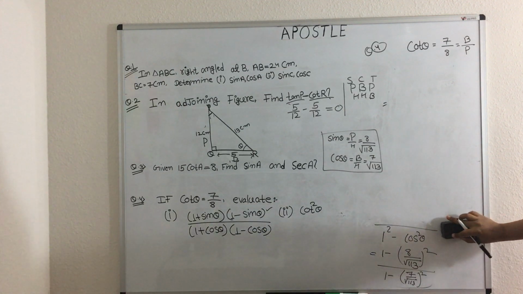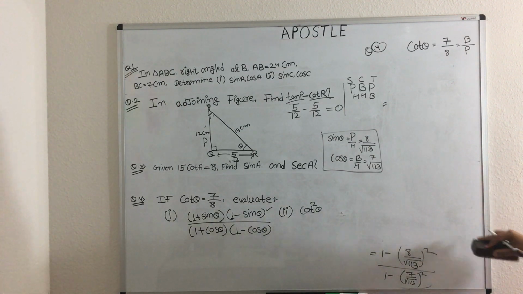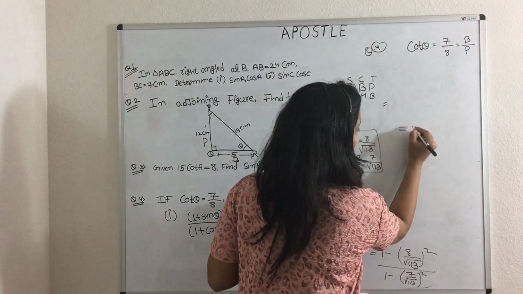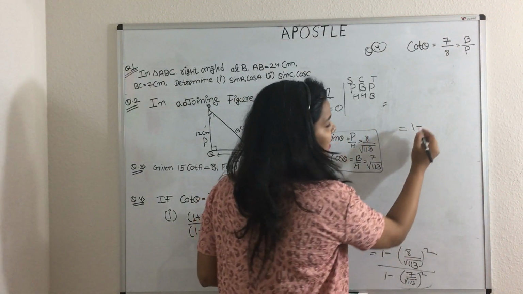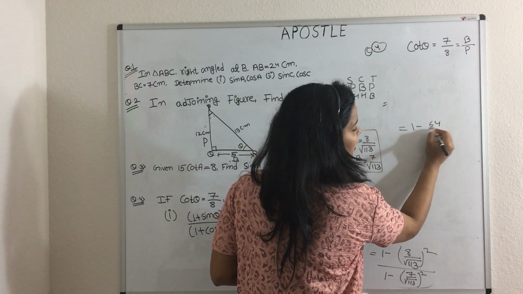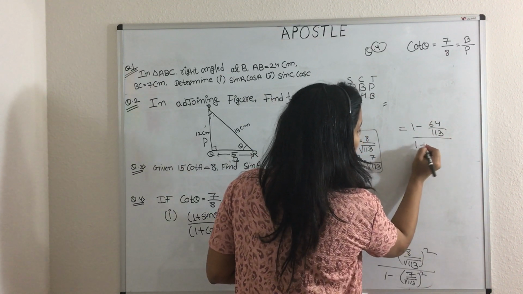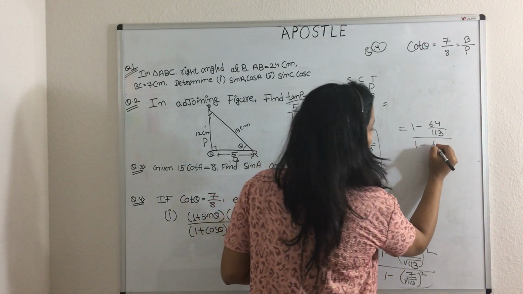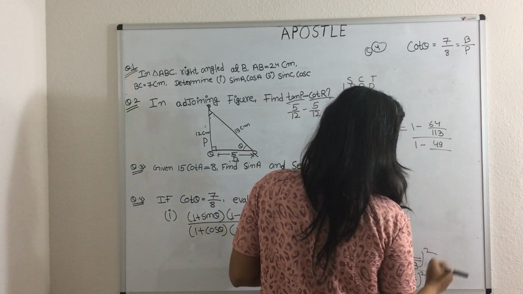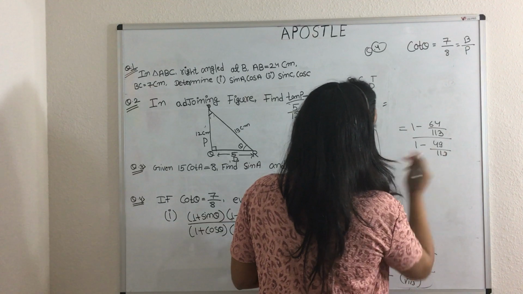So 1 minus 8 square is 64 and under root 113 square is 113 only, upon 1 minus 7 square, that is 49, and under root of 113 square is 113.